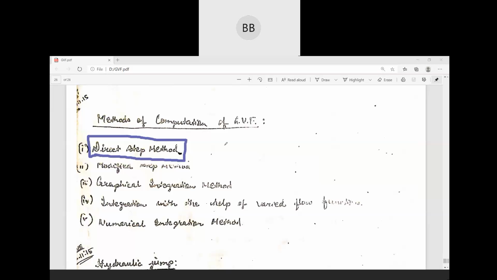One is the direct step method, second is the modified step method, then the next one is the graphical integration method, fourth is integration with the help of varied flow function, and the fifth one is the numerical integration method. So you just write down the methods to solve gradually varied flow. These are the mathematical methods that you use for solving the dynamic equation of gradually varied flow.